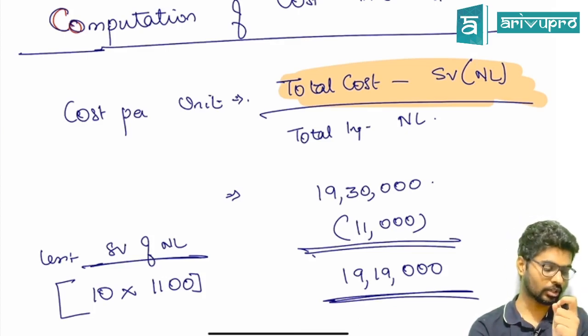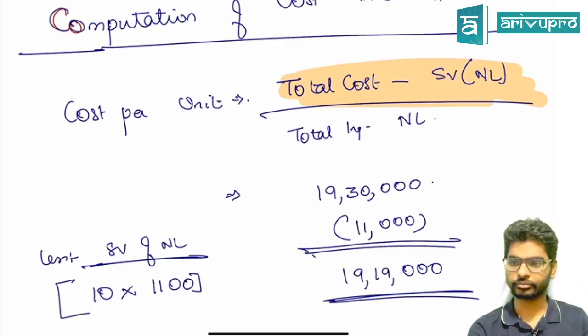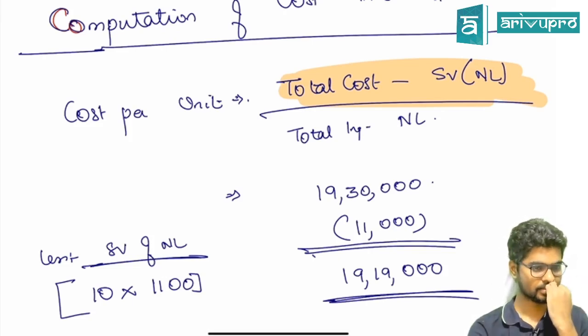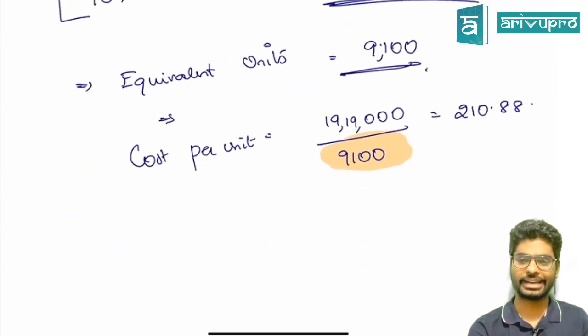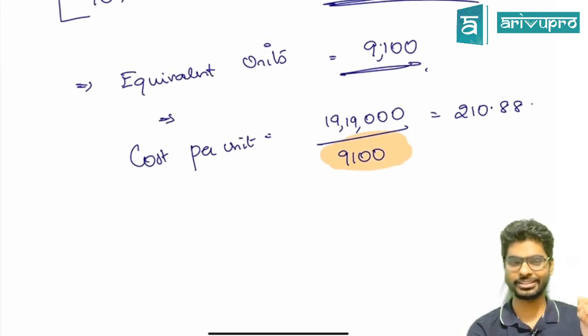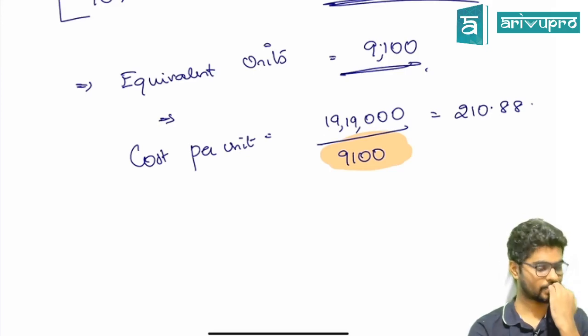So out of my total cost of 19,30,000, I shall be reducing the 11,000 rupees. So therefore, I will end up getting the cost per unit, that is 19,19,000 divided by 9,100, which comes to 218.88. If you are clear till now, you are done with 8 marks of your paper.